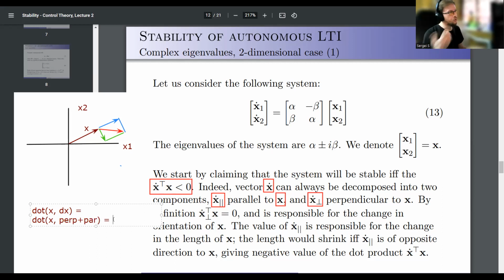Which is the same. Dot product, remember, is a linear function. So the dot product of a sum is a sum of dot products, right? So we have x dot x perp plus x dot x par, right? So this is what we have.